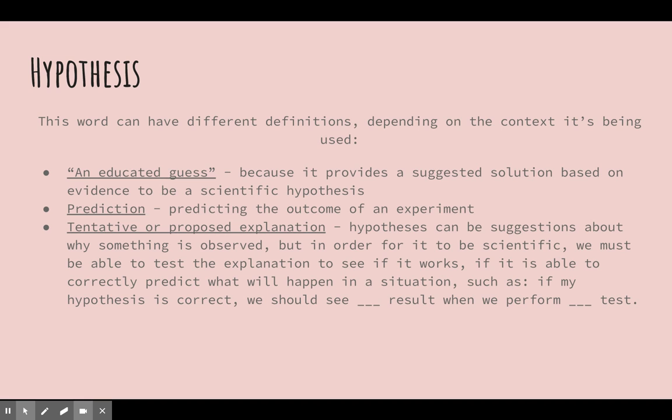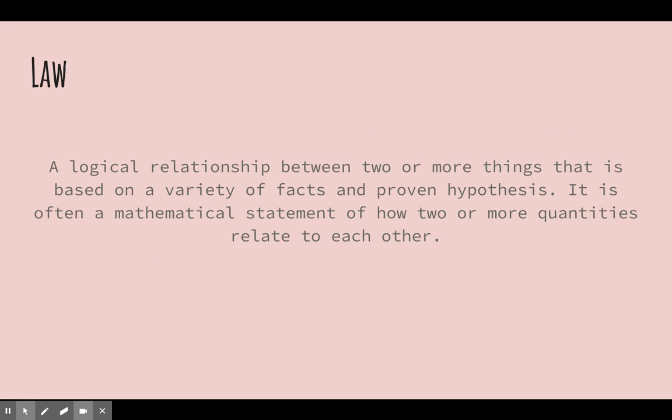Versus this, you would say, we should see the result of the flower growing taller in the sunlight when we perform the flower test, or however you would want to word that. But those are the two differences. A lot of these are very similar because it's the same idea, but they can be used differently depending on the context in which you're using it.